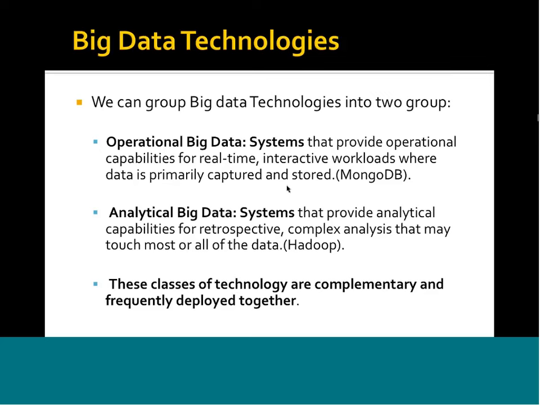Now, the second one is very important. This talks about analytical big data. It means my data will be present in the file system, and now I have to write good analytics using the best possible programming model in order to get the required analytical results.